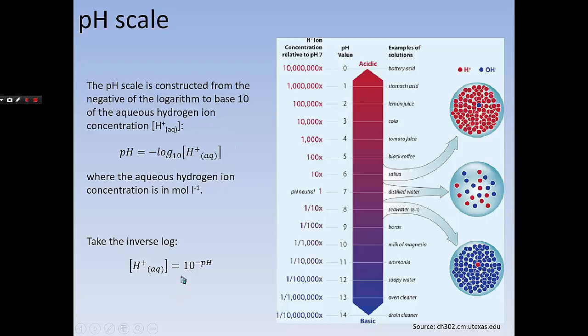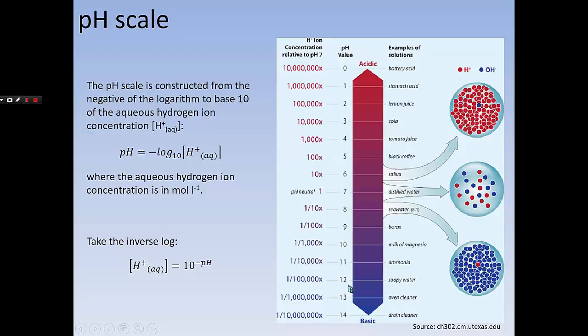Once we know the pH level of a solution using a pH meter, we can calculate both the hydrogen ion concentration using this equation, and the hydroxide ion concentration of the solution using the ionic product of water. The figure on this slide shows the pH scale and the pH of different solutions we are familiar with.